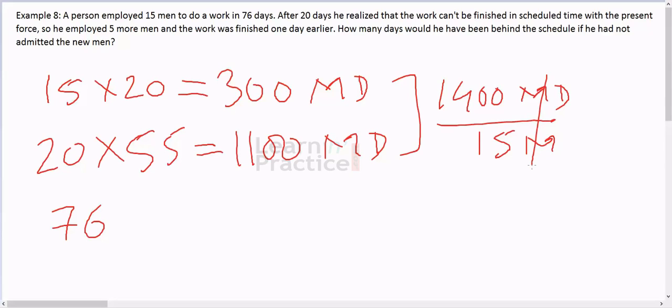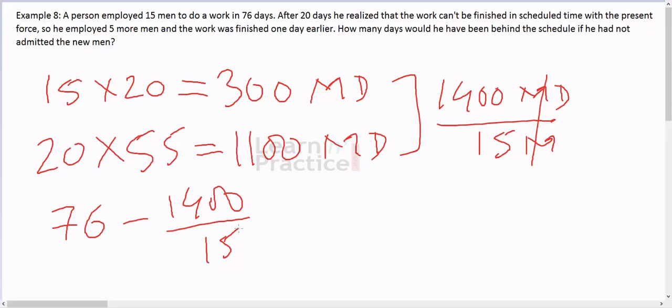So the target was to complete in 76 days, and he would have completed in 1400 by 15 days, and that's the difference between the target and the actual days that we have to calculate. So simply 76 days minus 1400 by 15 days will give us the answer.